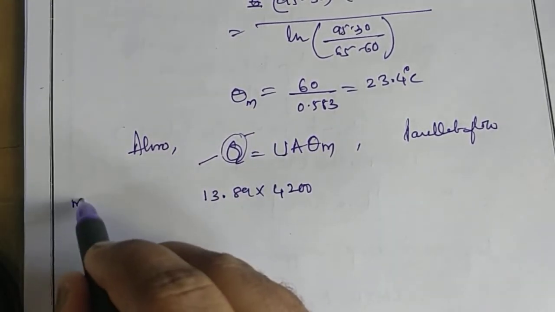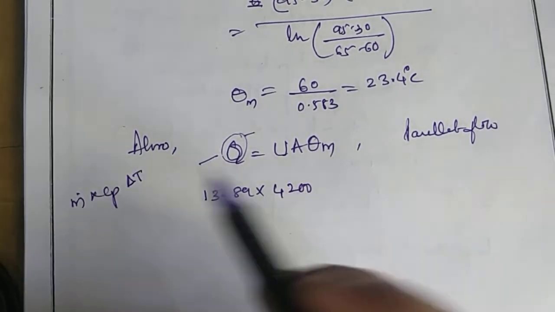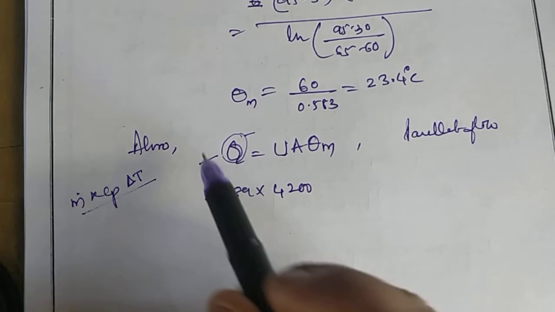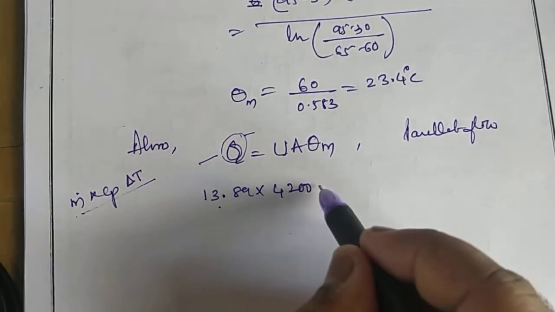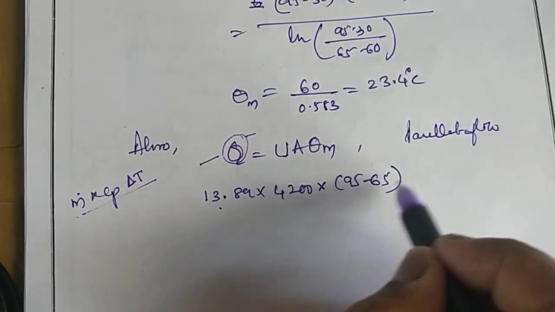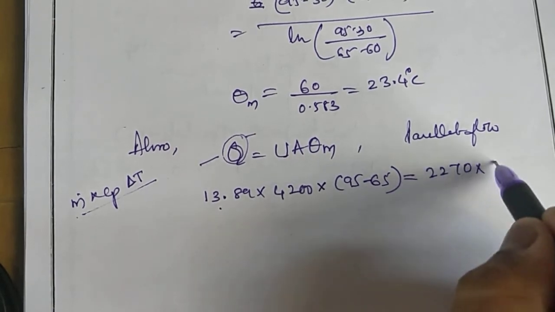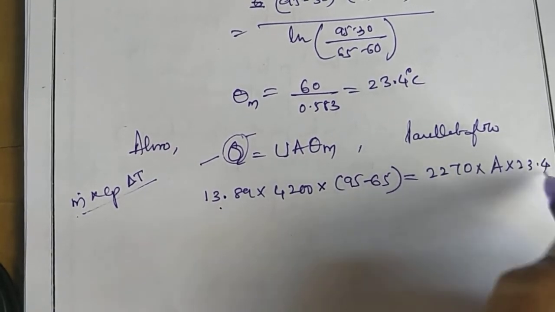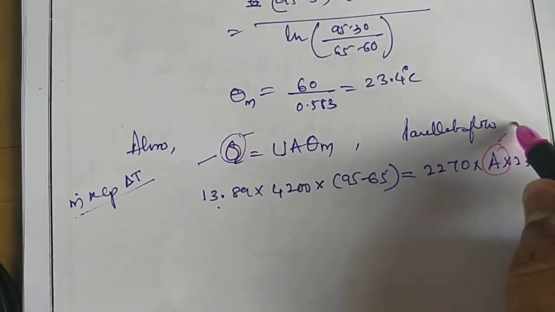I can write here m Cp delta T is the formula for finding Q, with mass flow rate, specific heat and temperature difference, 95 minus 65, is equal to the overall heat transfer coefficient, which is given and constant, times A. We don't know A, so the unknown is the area. So this area we should find out.